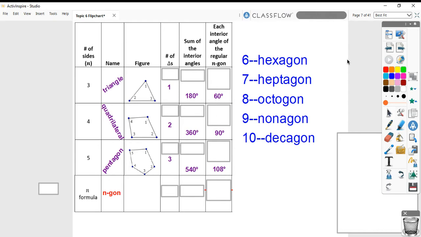The other place that some of these prefixes or different versions of these prefixes pop up is in the names of the months. Way back in the day when they first started making a standardized calendar, they only had 10 months. And the last of them, the 7th, 8th, 9th, and 10th month, were September, October, November, and December.